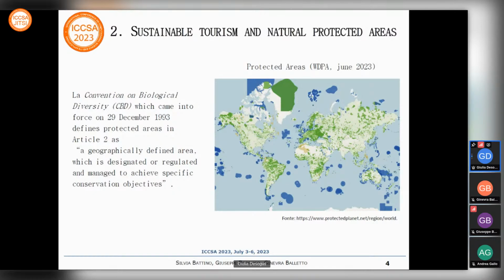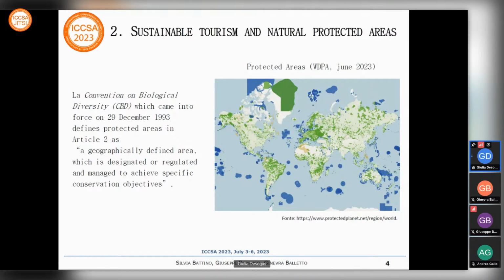Just with reference to protected natural context, we would like to recall the definition set out in the Convention on Biological Diversity created by the United Nations and brought into force in December of 1993. And here in this document, in Article 2, protected areas are defined as a geographically defined area which is designated or regulated and managed to achieve specific conservation objectives.